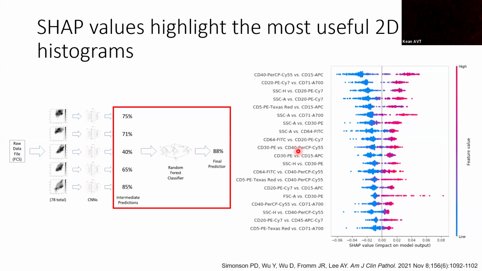When we did that for the random forest classifier, we could look at which of the two-dimensional plots was most useful for predicting Hodgkin lymphoma versus not. We see in this case that the CD40 and CD15 histogram was the most predictive. That's quite interesting because CD15 and CD40 can be expressed in Hodgkin lymphoma. What was also interesting was the CD, let's see, I can move this.